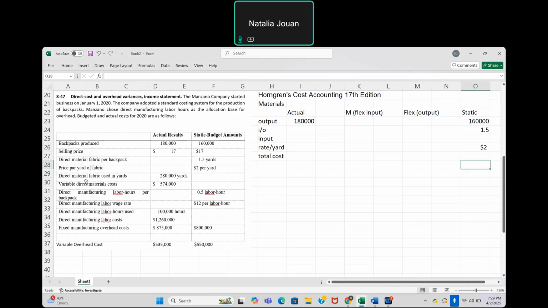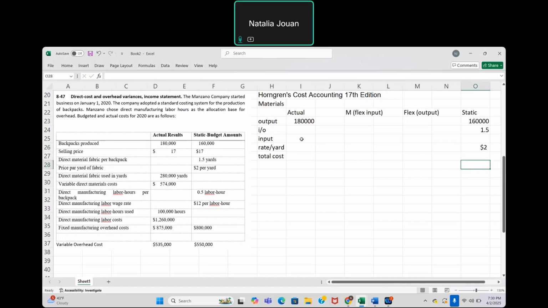And then direct materials of fabric used in yards. We don't know if the amount purchased equals the amount used, so let's make that assumption for now. Let's assume that usage equals purchases for materials. We're not being told anything that would indicate otherwise.